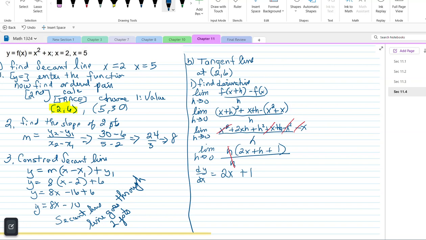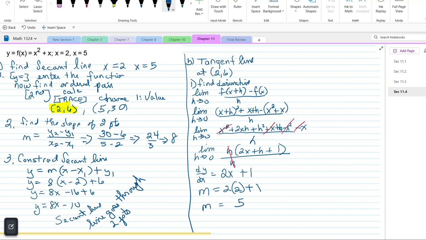And we know that's the change. That's the slope, tangent slope. So now we're going to insert 2. Before we had 8 as a slope, but a tangent slope is an instantaneous rate of change at the point 2, 6 on the function.